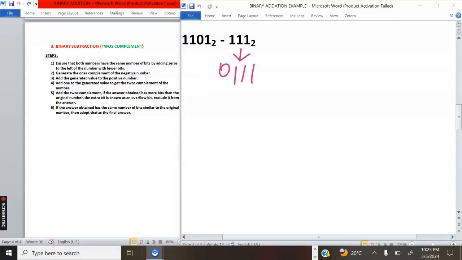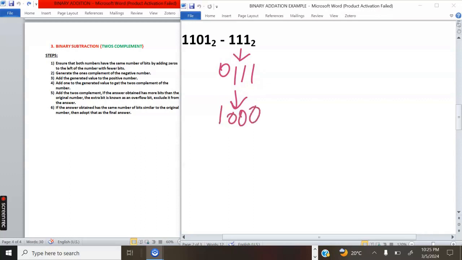Then the next step, we convert it into one complement, and for one complement, whenever we have 0, it's 1, and 1 is 0. So for one complement on this one, it will be 1, 0, 0, 0.